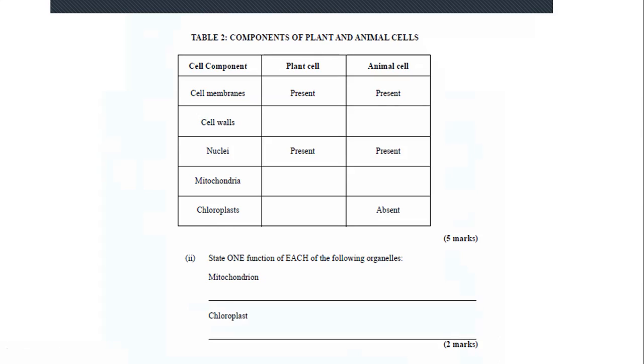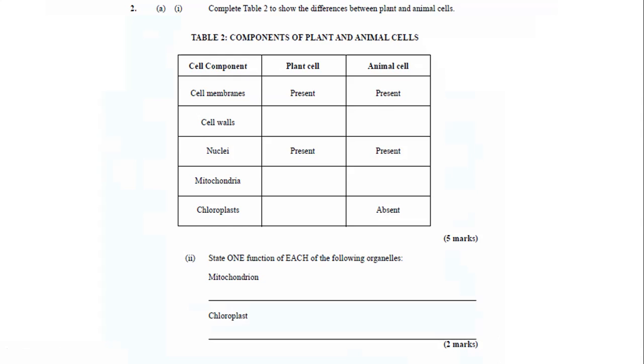So we're still looking at cells, and this question asks us to compare a plant cell and an animal cell. It says table 2 shows the differences between plant and animal cells, and it wants us to identify which cell component is present or absent as we go along. Let's talk about the cell membrane: present in animal cell and plant cell. What about the cell wall? Present in plant cell but absent in animal.